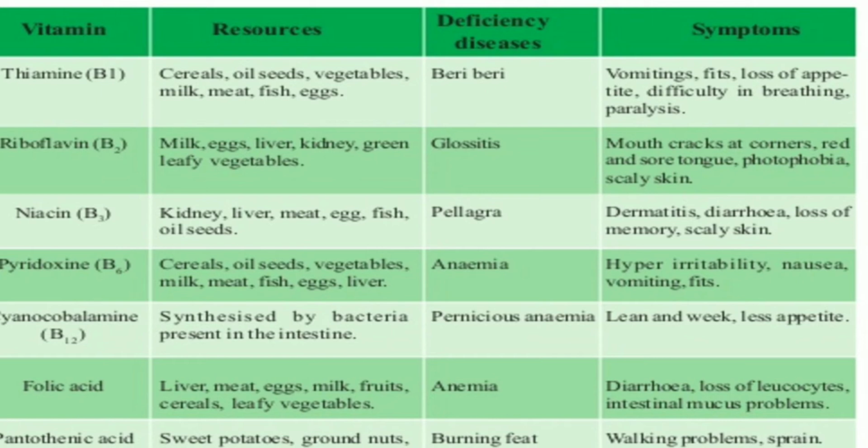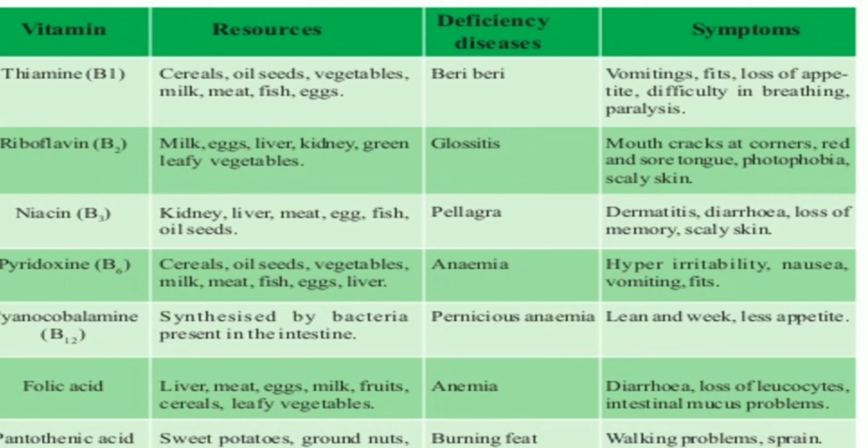Now coming to the next vitamin, riboflavin or vitamin B2. What are the sources? Milk, eggs, liver, kidney, green leafy vegetables. Here liver and kidney are meat organs, the organs of different animals which are rich in riboflavin. What is the disease caused due to deficiency of riboflavin? That is glossitis.